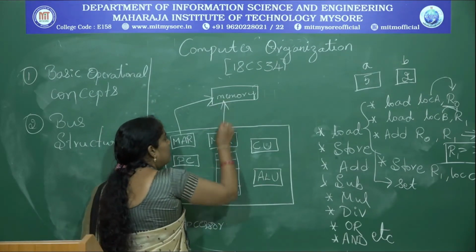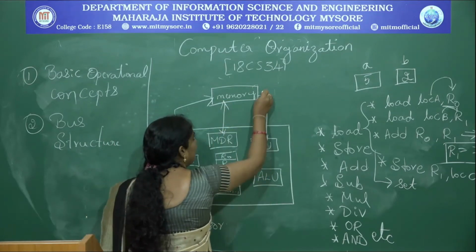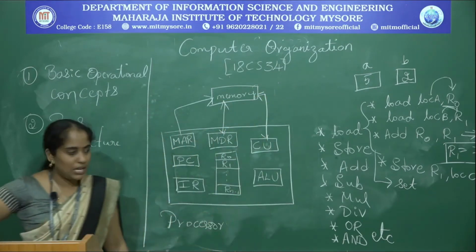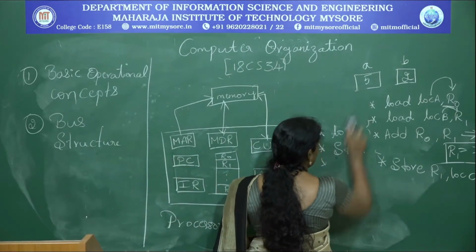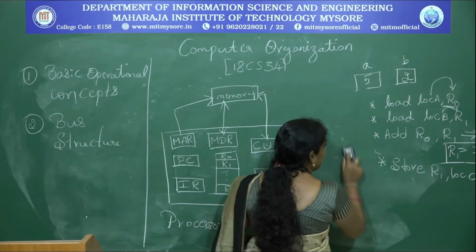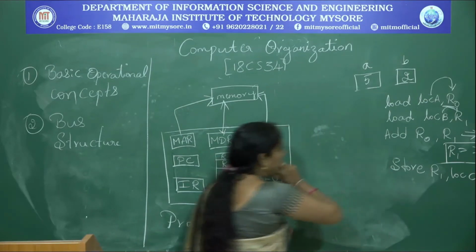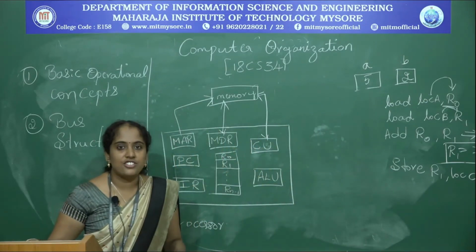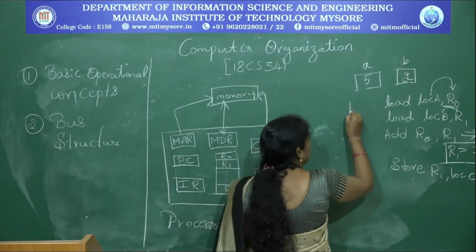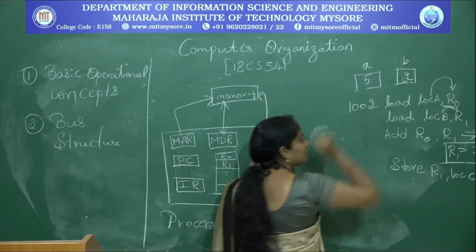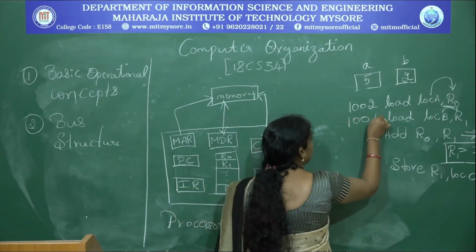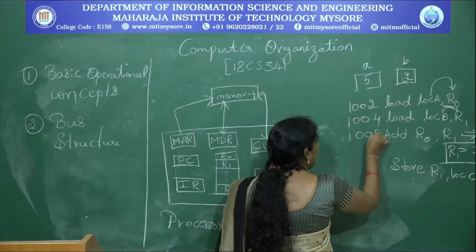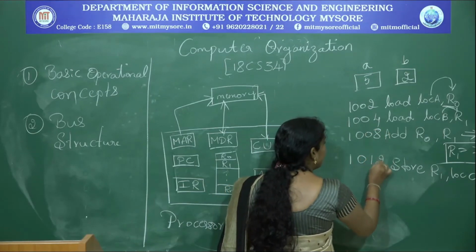Okay, so take the same example here. This is your instruction. Say for example, initially the first instruction address can be 1002, the next instruction address can be 1004, then 1008 and 1012.